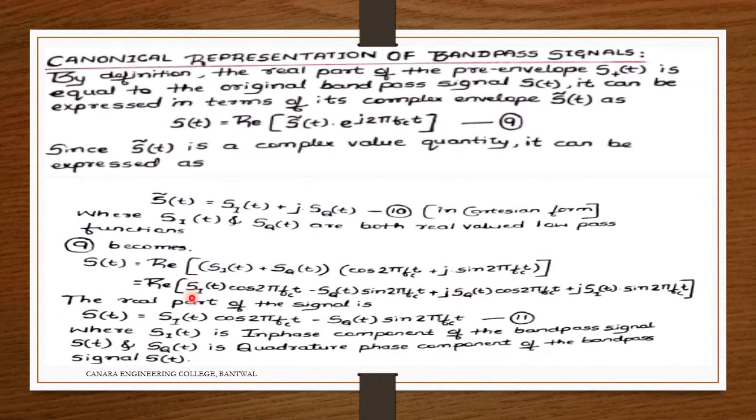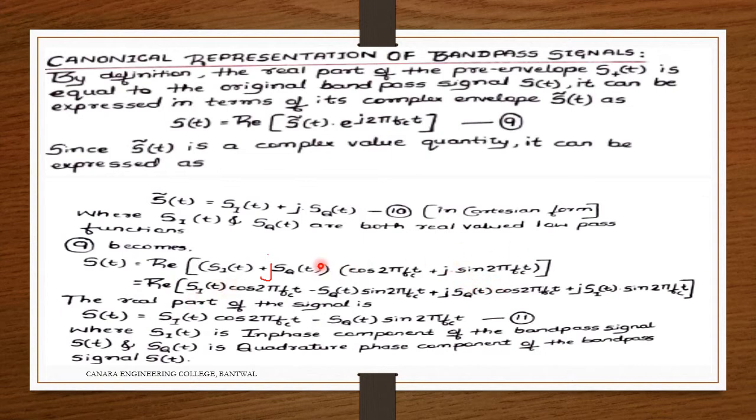So when we multiply, we get Si of t into cos 2 pi fct, and here one term is missing, it should be a j here. Then Sq of t plus j sin 2 pi fct.